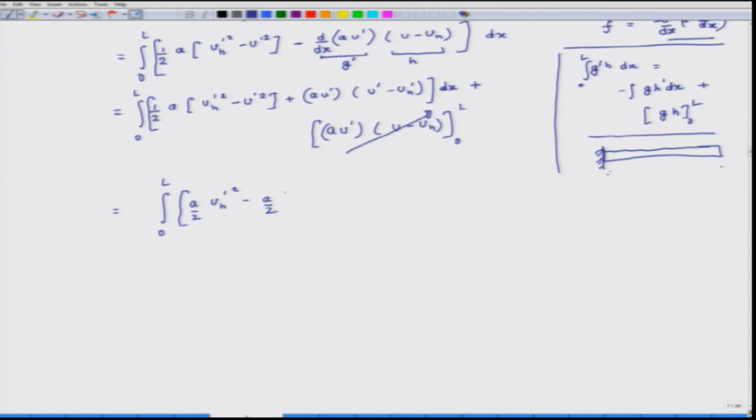So, minus a u prime square plus a u prime square minus a u prime u h prime dx. Okay.